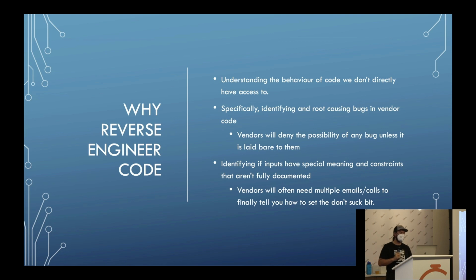So this is about reverse engineering. Why do we reverse engineer? The biggest thing that this comes about from is understanding code that we didn't have. It had some bad behaviors, some bugs that were really confusing to us, and we wanted to identify what those are. Anybody that's ever worked in an SDK vendor relationship will know that as soon as you tell your vendor, hey, you have a bug here, their first answer is, no, you're using it wrong, go away.